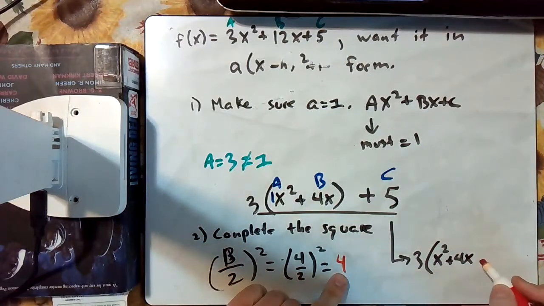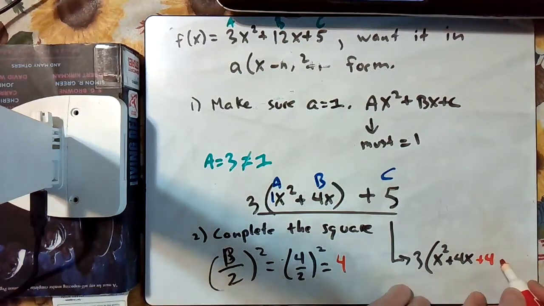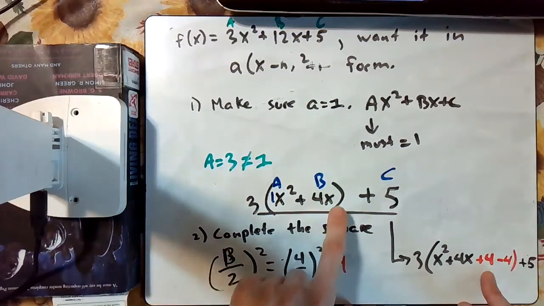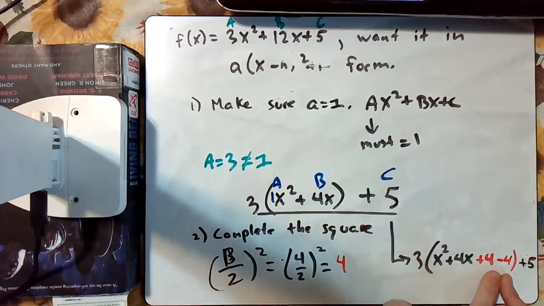So we're going to say plus 4 minus 4 and then plus 5. So really important, look at what I did with this 4 that I got from b over 2 squared. I kept it inside of that parentheses right here.